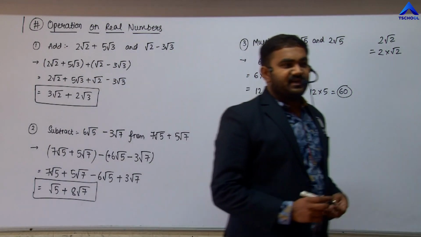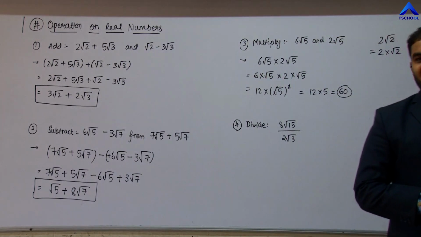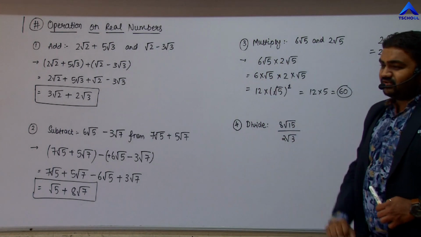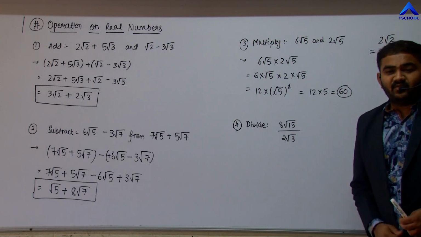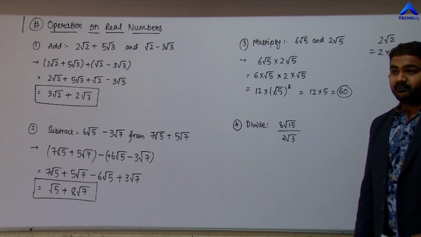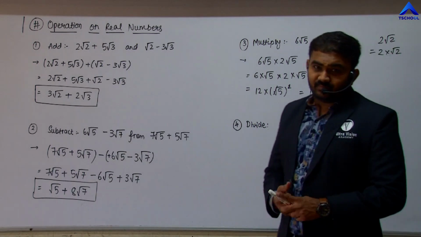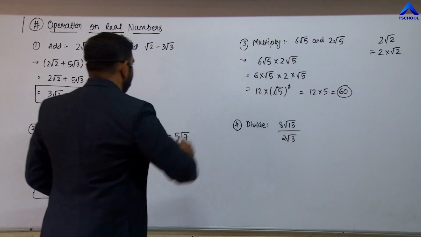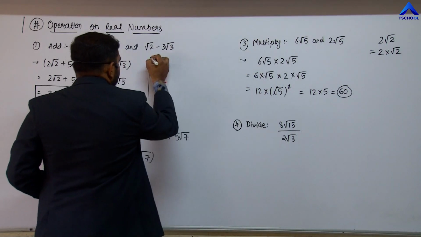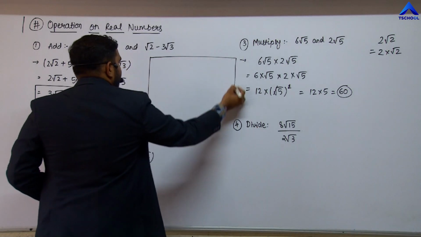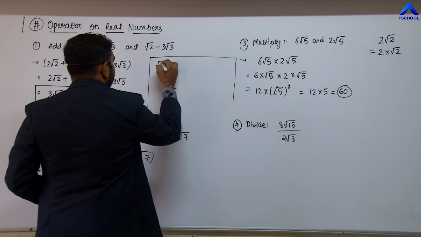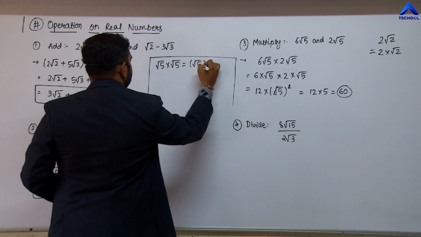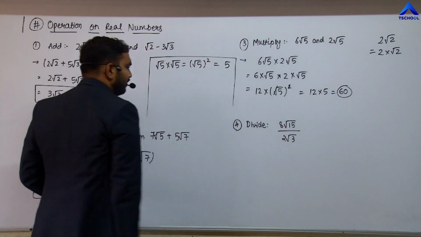Again you shall understand friends that if you multiply the same irrational number, or if you multiply different irrational numbers, the answer would be different, that you will not get the same. Suppose for example, if I write here in this box, root 5 into root 5, that is root 5 square, and which is equal to 5.